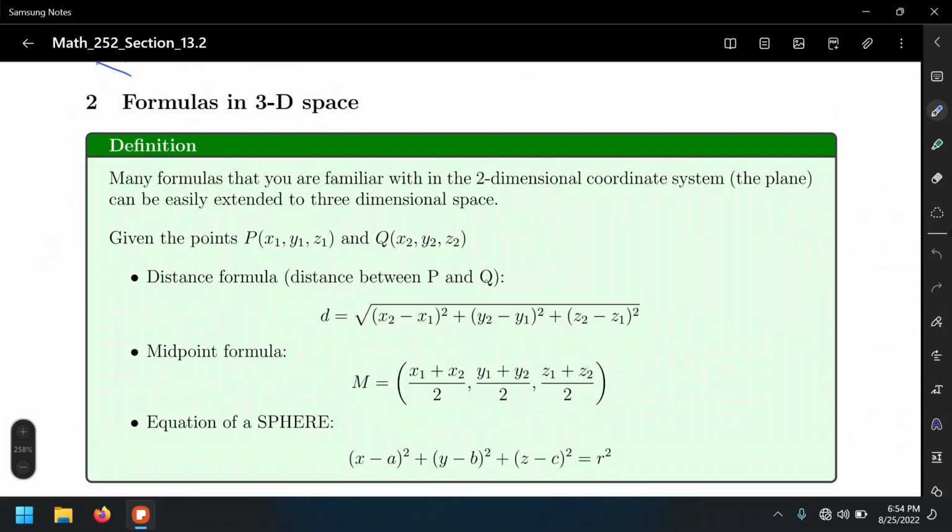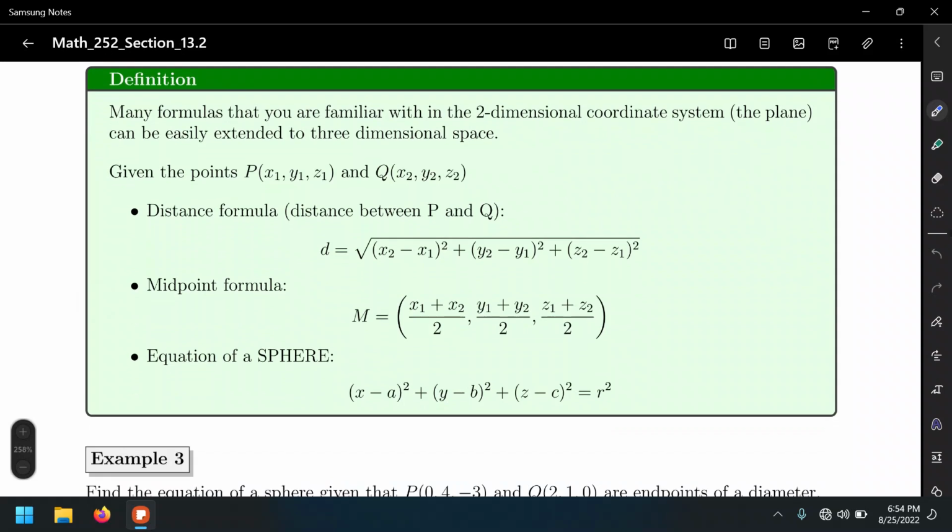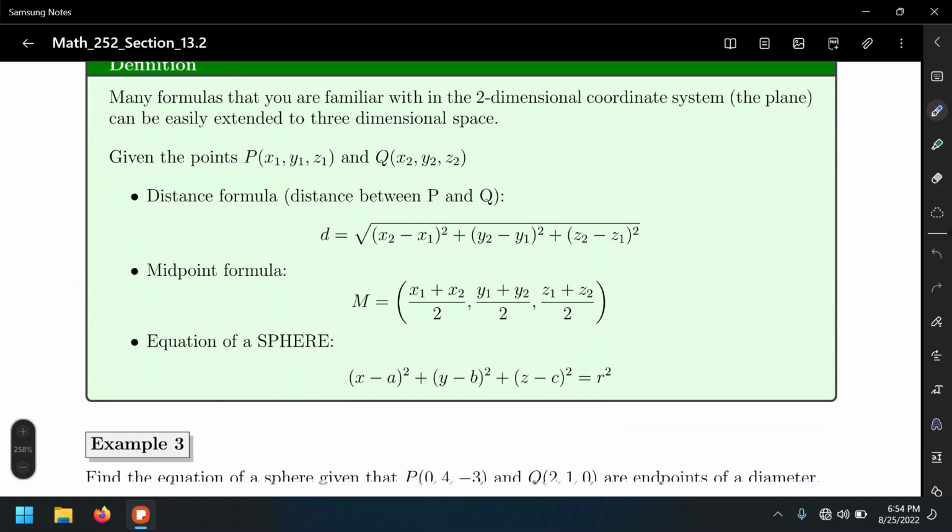But in the meantime, let's describe some formulas that we learned back in plane analytic geometry and extend them to 3D space. We already talked last time about the distance formula. Add one more term inside of the radical for the z coordinate. For the midpoint formula, add one more average for the z values.